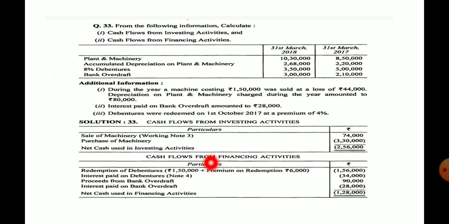Write off interest paid on debenture, quite easy. The 8% debenture is given, and the proceeds from bank overdraft will be added because it is an inflow, and interest paid on bank overdraft is an outflow, that is 28. So net cash used in financing activity will be 1,28,000.